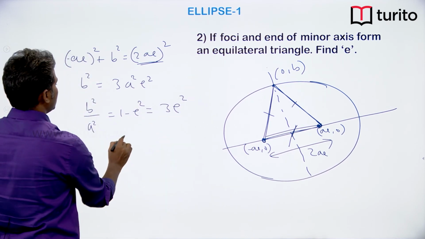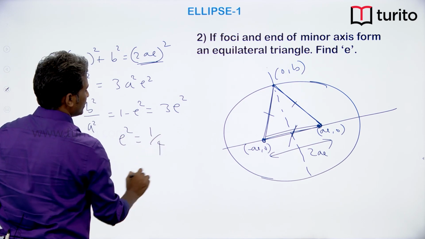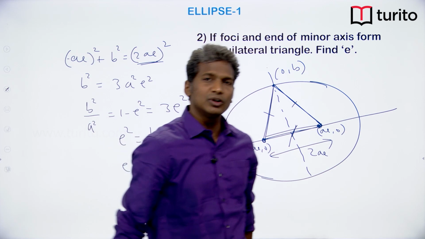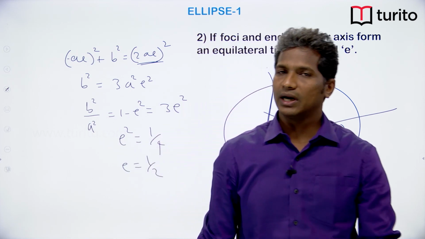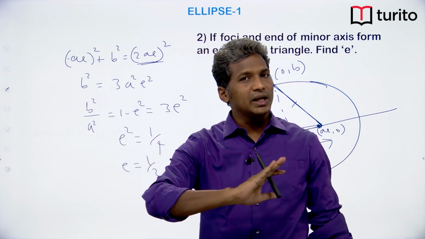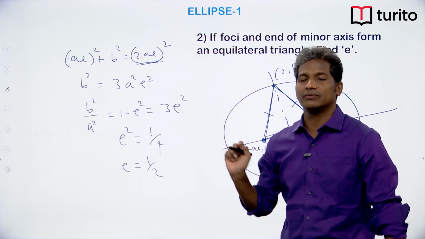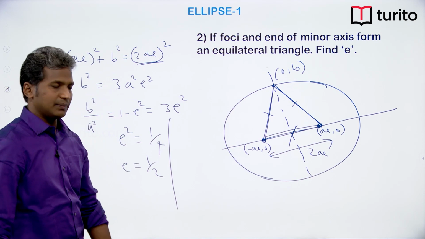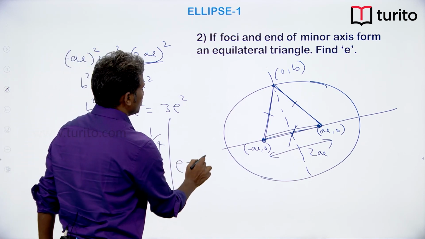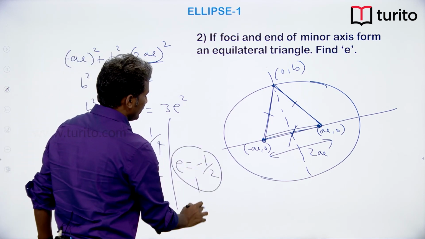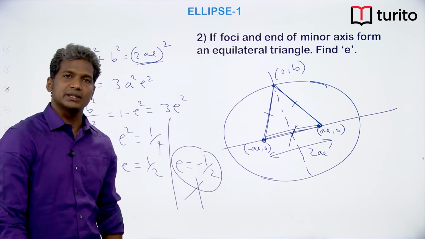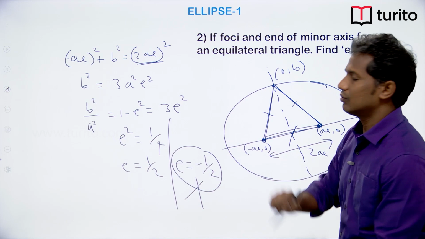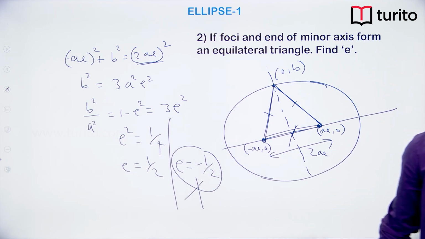So now that means e square is coming out to be 1 by 4, so e must be 1 by 2. Can we say that e is equal to minus 1 by 2? No, we can't. Eccentricity cannot be a negative value, it's a positive value. Okay. So if you are solving algebraically and if you end up with two roots like this, you should know which one to reject and which one to accept. Okay. So in this question the answer is going to be equal to 1 by 2.